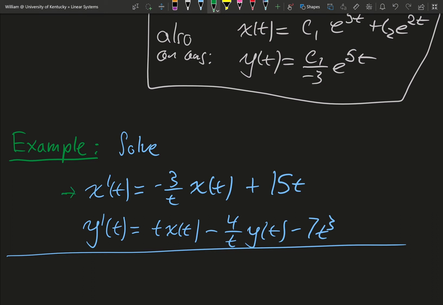So again, if we look at it, we see that the second equation with y prime equals stuff has both an x and a y in it. So it's probably good to start here.